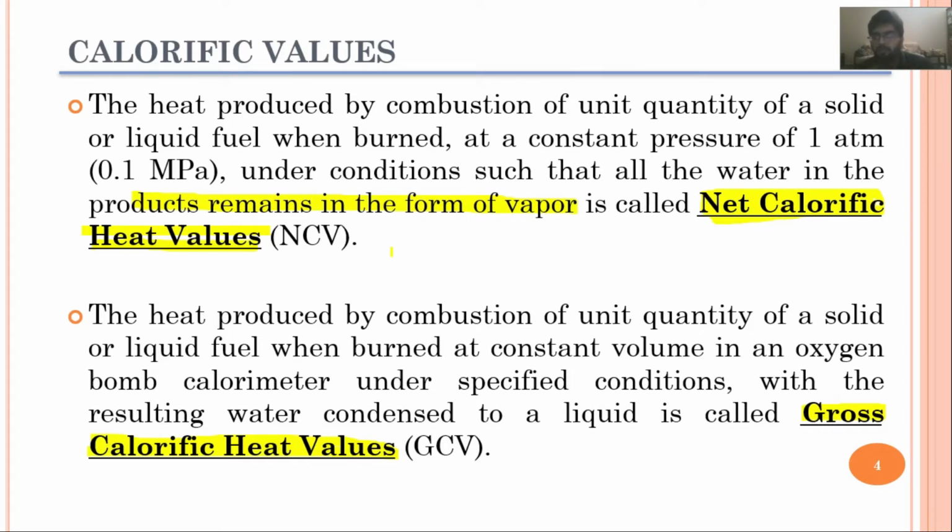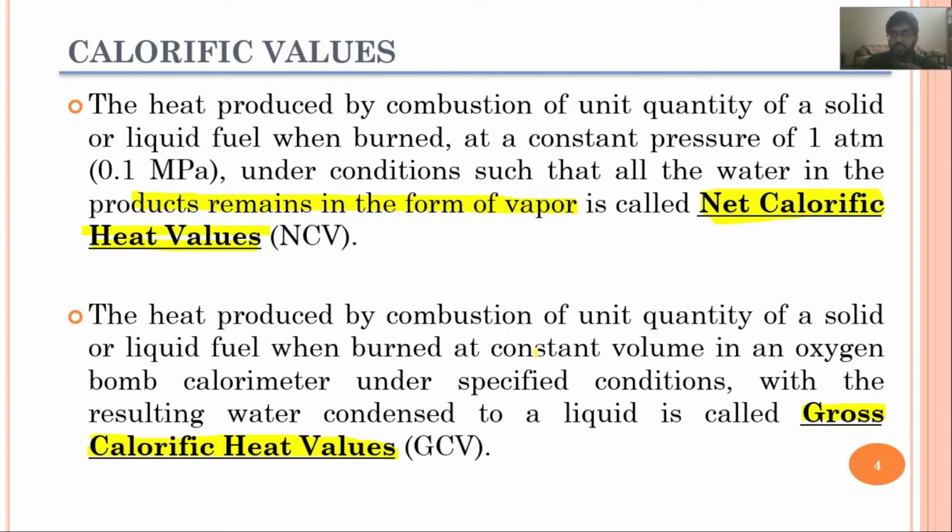Whereas if we are talking about gross calorific value, in this gross calorific value, we have utilized the exhaust of the IC engine to that much extent that this water vapors have started to condense, and we are utilizing that energy which was utilized in converting the water into the water vapors.